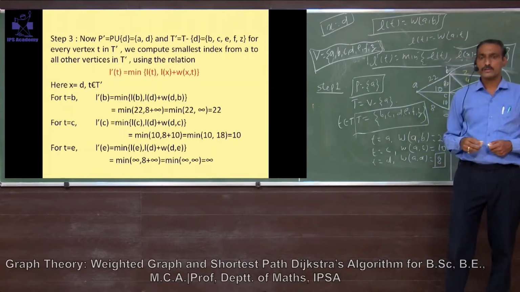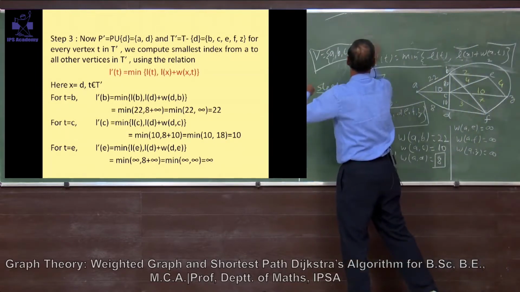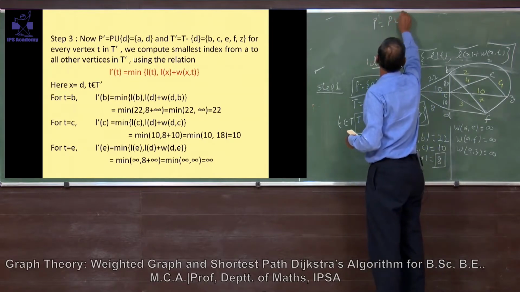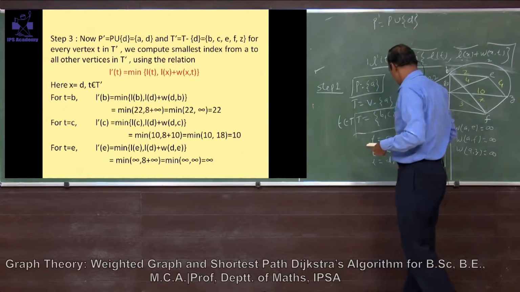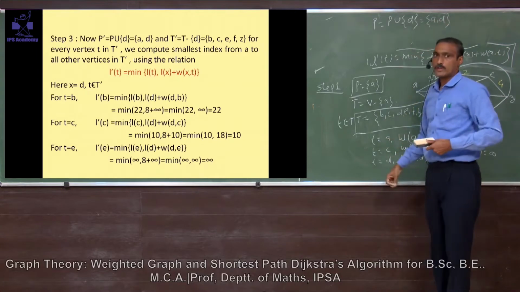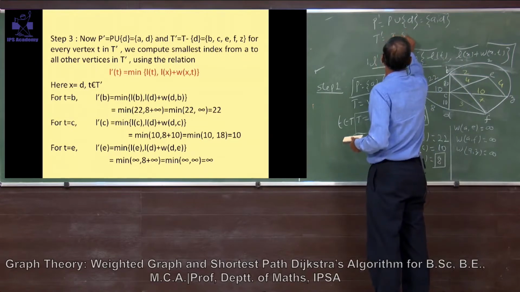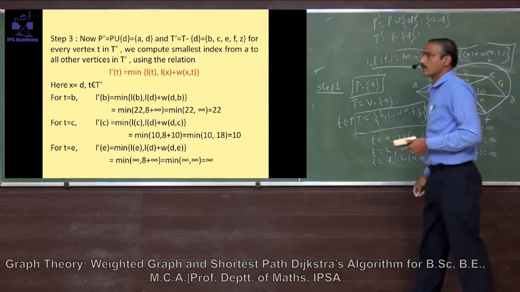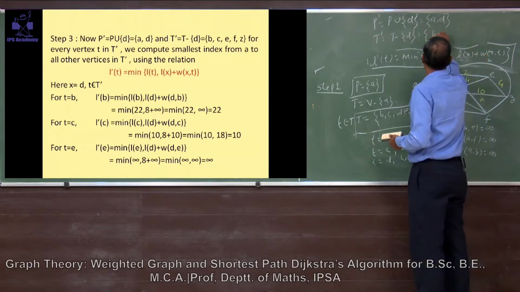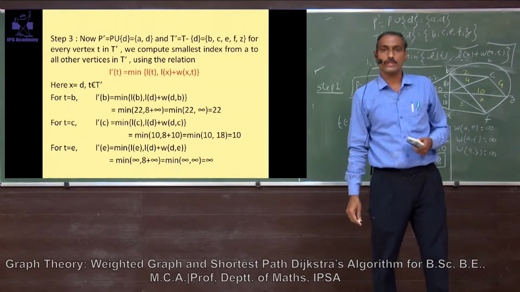We denote this path as P dash equals P union the vertex we have chosen here, D. The path now will be A to D, and T dash, that means T minus vertex D, the remaining vertex set, which will be B, C, E, F and Z. B, C, E, F and Z is the remaining vertex set.